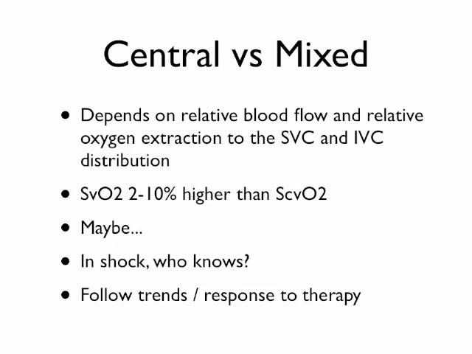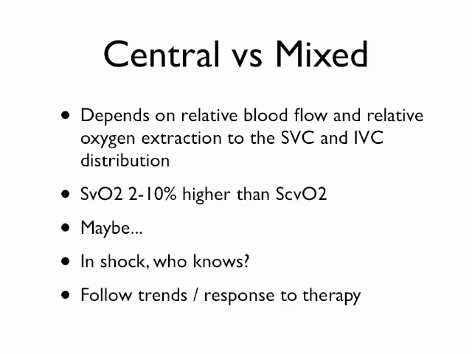Now, there's a lot of contention about whether that's actually valid, and the saturation that you get from the central venous blood compared to the mixed venous blood depends on the relative proportions of blood flow to the upper and lower body, and the relative oxygen extraction from the blood in the SVC and the blood in the IVC. And obviously those two are mixed together to become the mixed venous blood in the pulmonary artery.